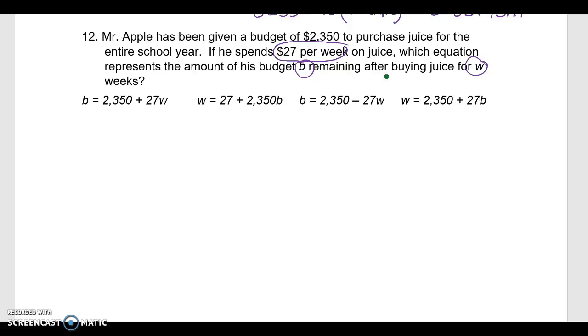Okay, so he's given a budget of $2,350. Okay, he's spending money. So are we adding to it or taking it away? Good, taking it away. So it's $27 per week. So per means you multiply. So times, I'm going to put number of weeks.